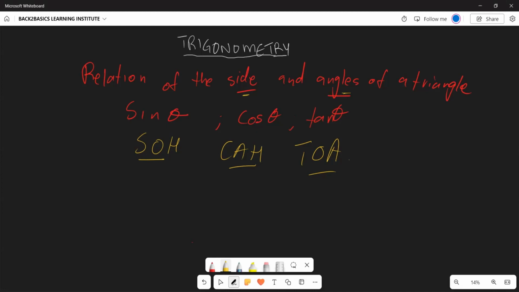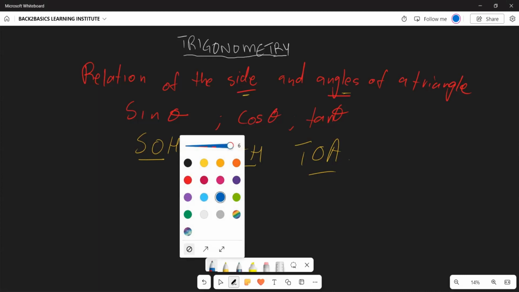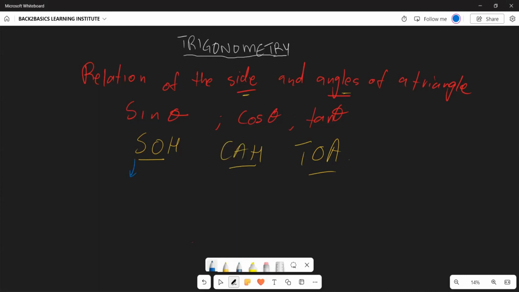To get what each of these branches represent: sine of theta helps us to get the relation of the side which is opposite over the side which is the hypotenuse. The C here, which is the cos of theta, helps us to understand the relation of the side which is adjacent and the hypotenuse.